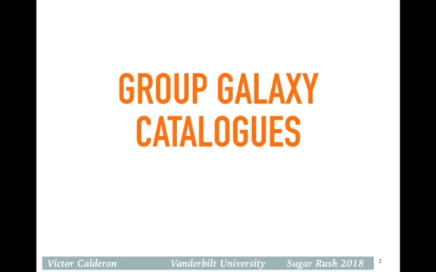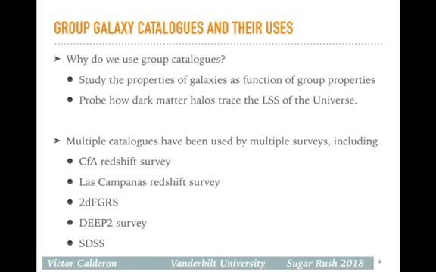So for example, you have a group finder, let's say a friends of friends, you run it on a galaxy catalog, and then the algorithm is going to put galaxies into group based on some distance from galaxy to galaxy. So group galaxy catalogs are interesting and useful because they let you study the properties of galaxies as function of other group properties.